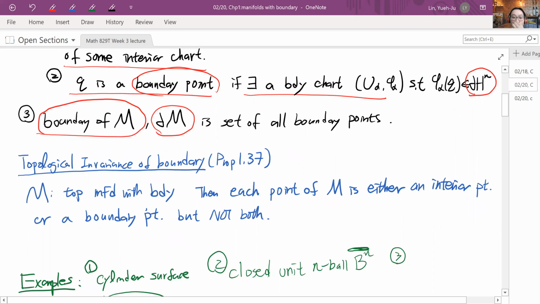Okay, so to have a little bit more terminology here, later on when you read more literature or a paper in the geometry field, you will see a lot of people call a manifold a closed manifold. Usually when we talk about closed, it means the manifold is compact and without boundary.